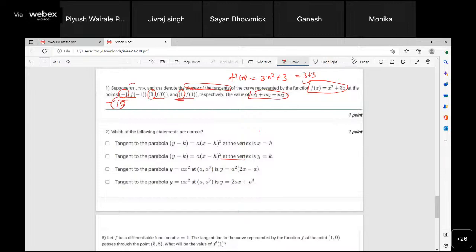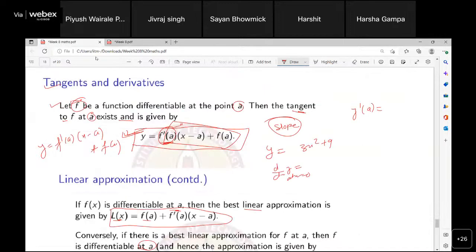So what is the vertex here for both the cases? What is the vertex? H comma K, right? The x coordinate is H. So how do we find the equation, sorry, for the slope? So tangent to the parabola, by using this particular thing.